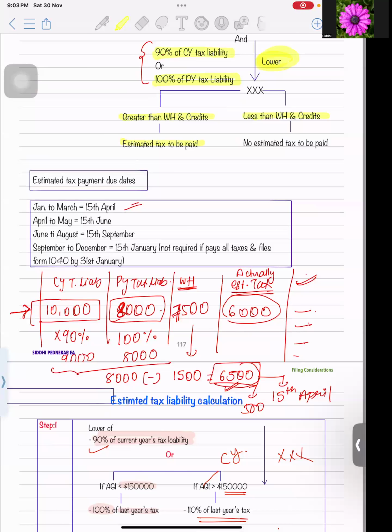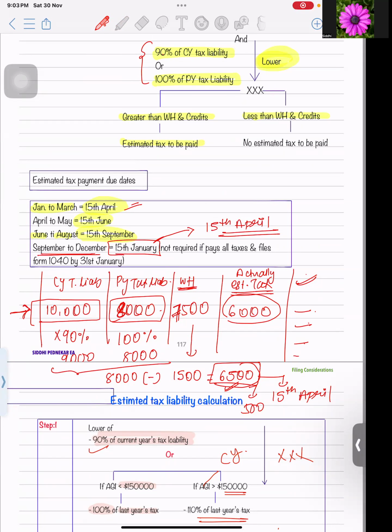Every quarter you have to pay it. From January to March, in practical life we usually do projections, and based on your estimated income, you're going to file on 15th April, then 15th June. And then from June to August, it will be 15th September. From September to December, it will be 15th January. And if you are still not paying till 15th January, you can pay it before filing your tax return, that is till 15th April.